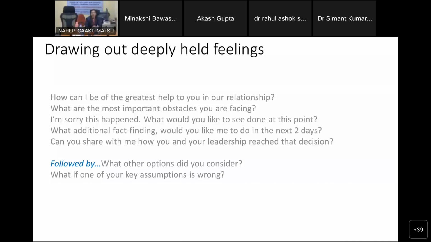And these are followed by other options that you need to consider. You will not have only one option. You will always have a choice. So how do you go for these options? What if one of the key assumptions is wrong?